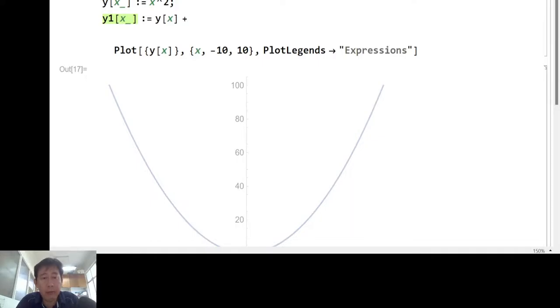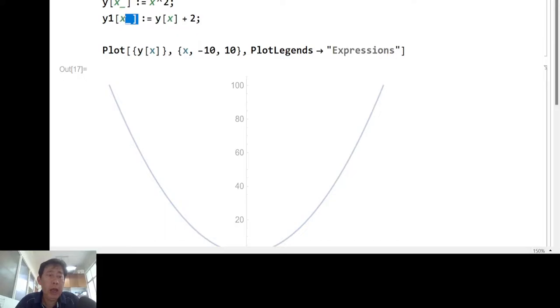Say for example, I want to shift it by 2 units. That would mean that I'm constructing a new function based on the original function, where each value of the function at x is added with a value of 2.